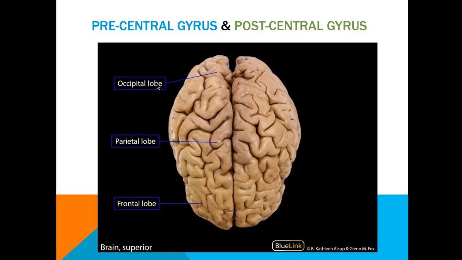Moving forward from there, we can now learn about the precentral gyrus and the postcentral gyrus. The precentral gyrus is a part of the frontal lobe and is in charge of motor functions. You may also hear this called the primary motor cortex.